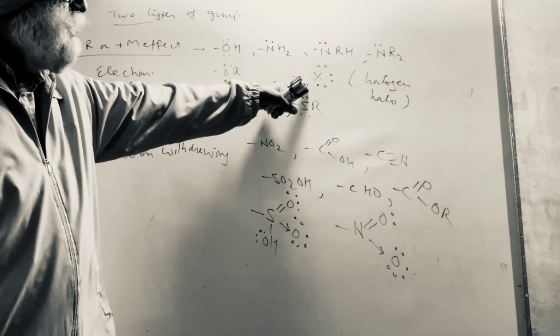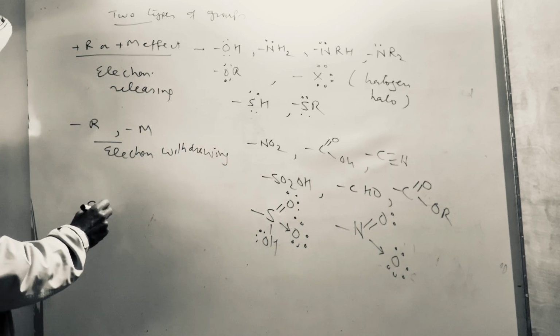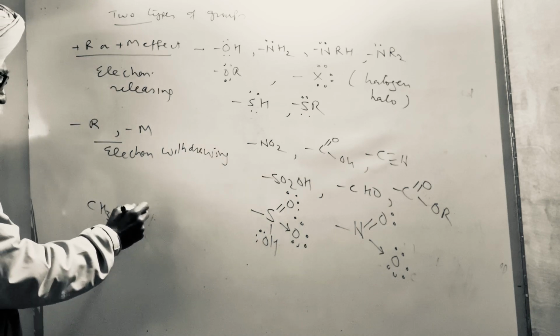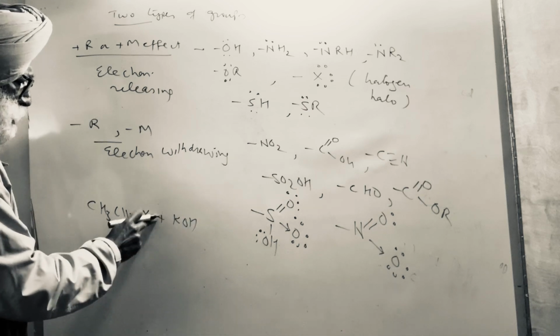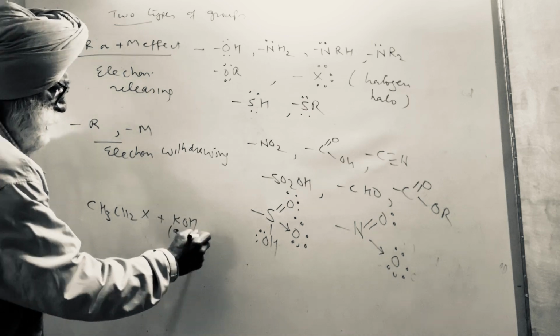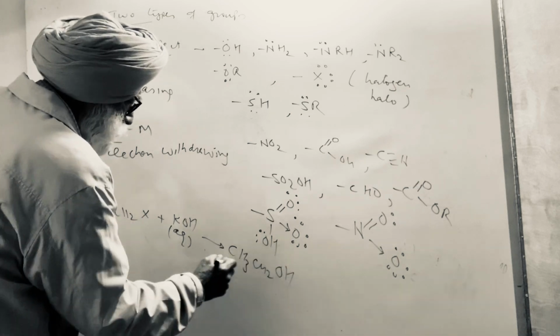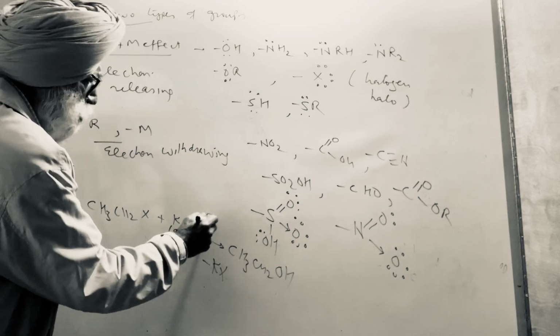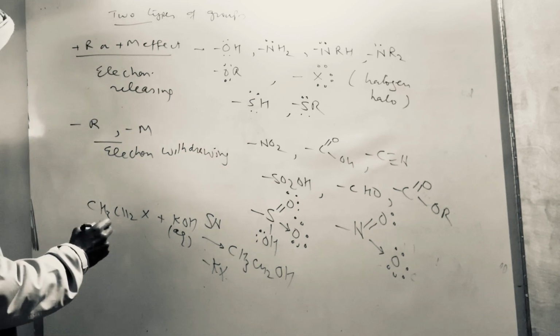For example, when you have CH3CH2X plus KOH, in this case you get CH3CH2OH plus KX. This is nucleophilic substitution. Here it reacts faster.